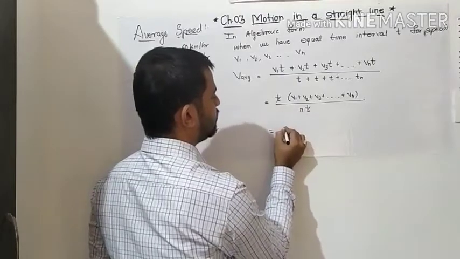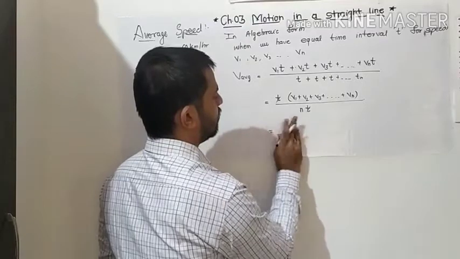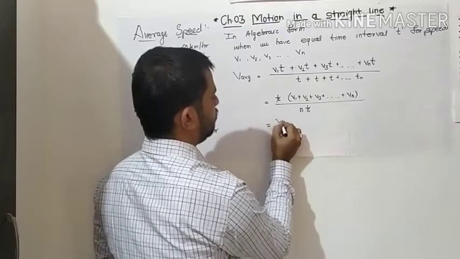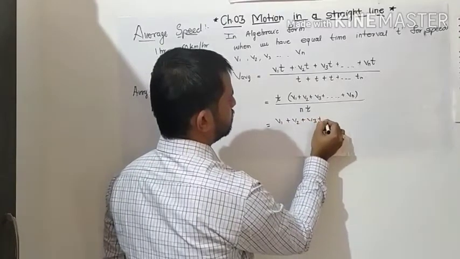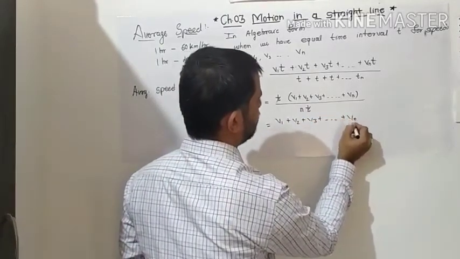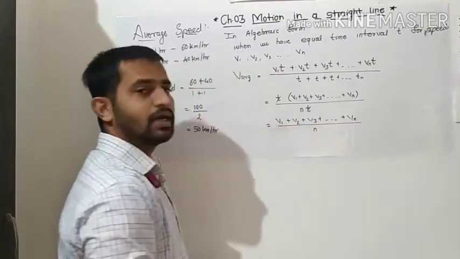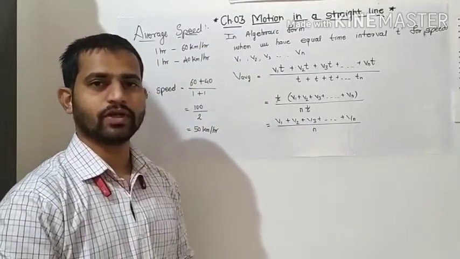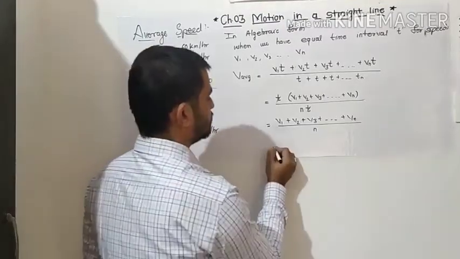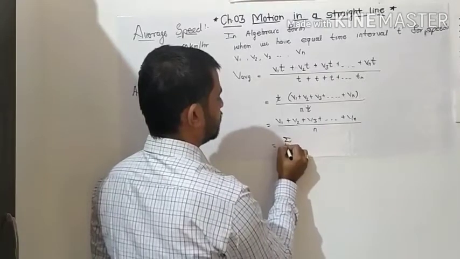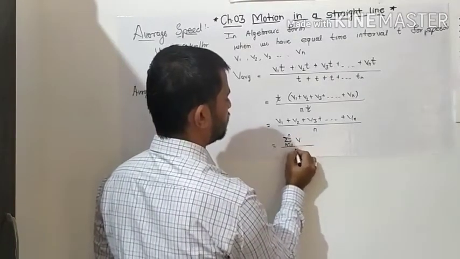So we can write down here v average equals v1 plus v2 plus v3 plus up to vn upon n, where n is the number of intervals given, or we can write it as summation of v from 1 to n upon n.